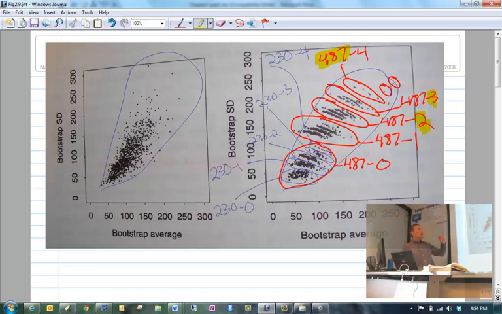And that corresponds to the second largest observation. So if we look at this bottom one here, we see that the second largest observation is 230, and that appeared 4 times in the top band, 3 times in the next band, and so on.